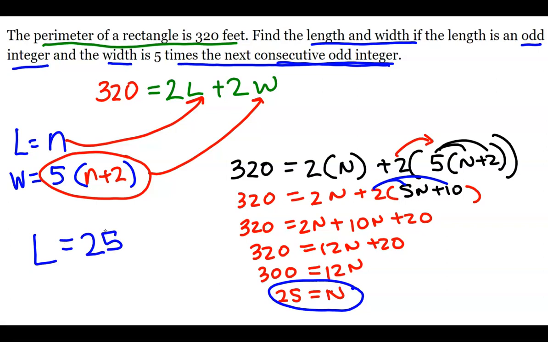Now be careful, the width is 5 times the next consecutive odd integer, or it's 5 times 27. So the width is not 27, it's 5 times 27. So you're going to need a calculator for that and figure out that the width is 135. So the length is 25 and the width is 135.